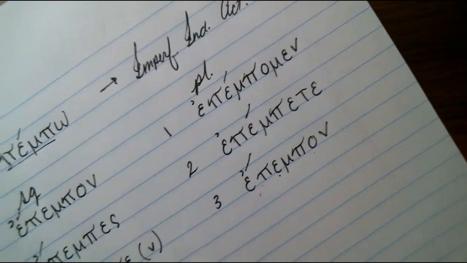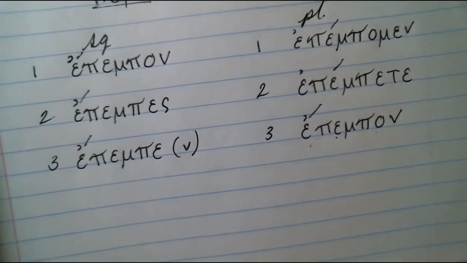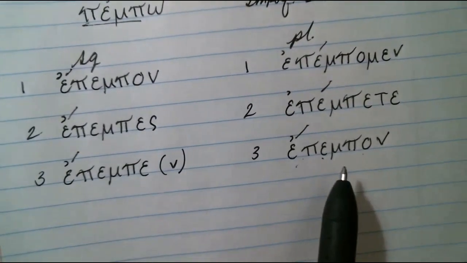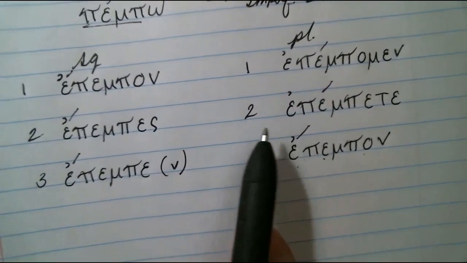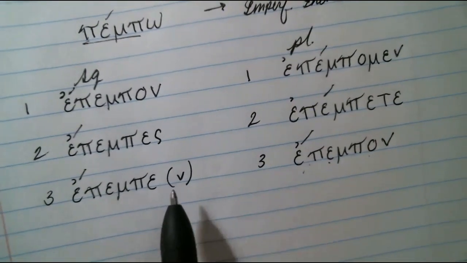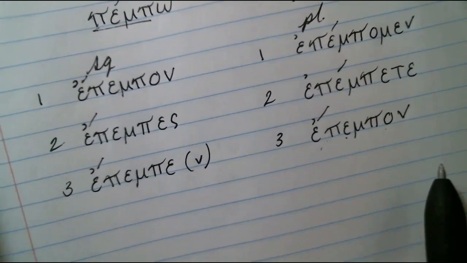Not a technical term, not very important, but there you have it. Okay, so that is Pempo converted to and conjugated in the imperfect indicative active forms. Okay, so that's that.